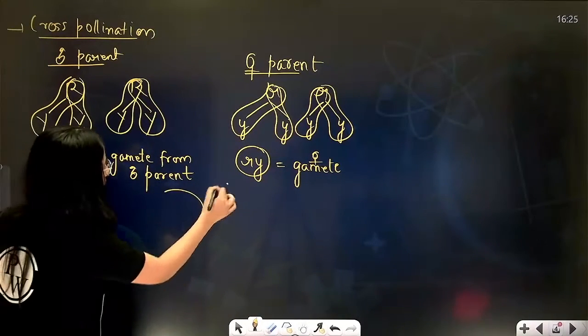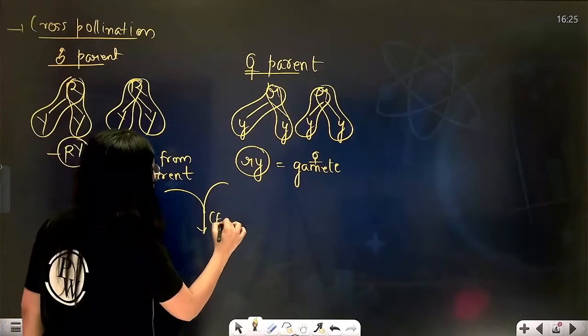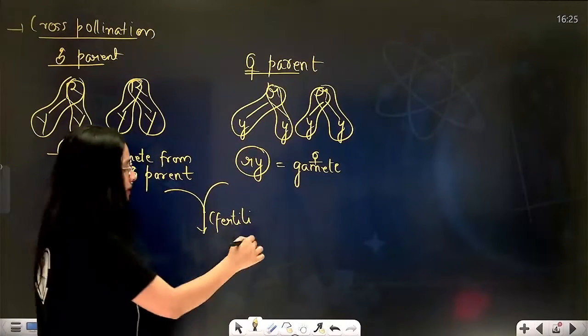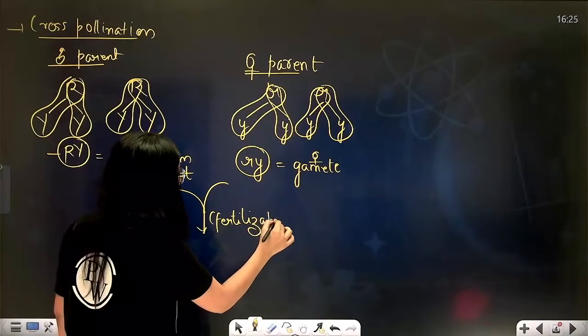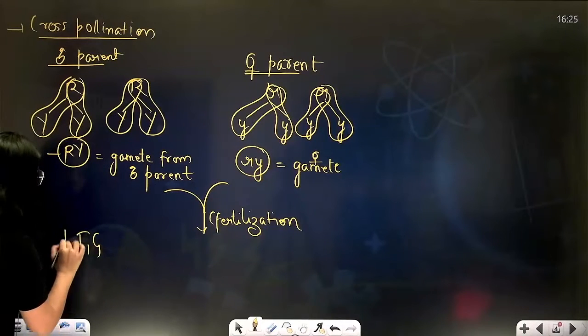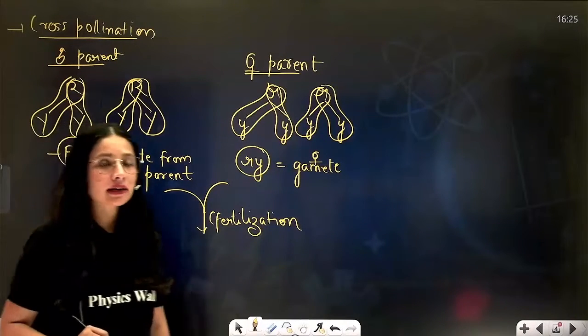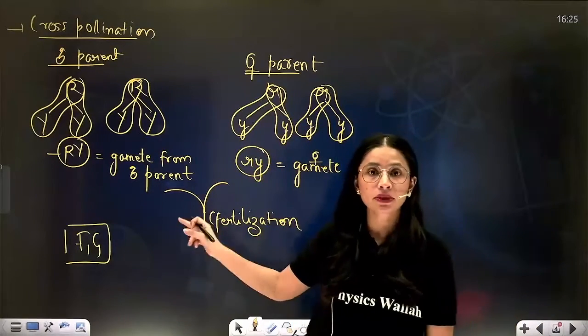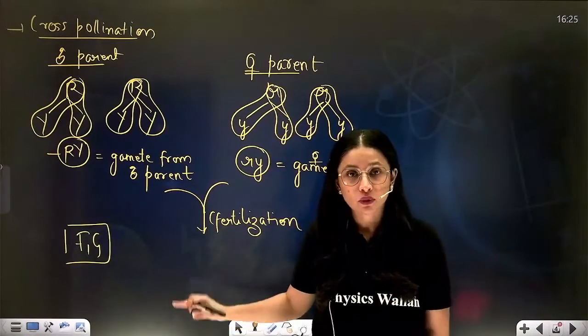Next step is fertilization. After cross-pollination, that means after crossing the gametes, fertilization has to be done. And after fertilization, we are going to obtain our F1 generation offspring, the first generation offspring from the parents. So what will be the genotype?